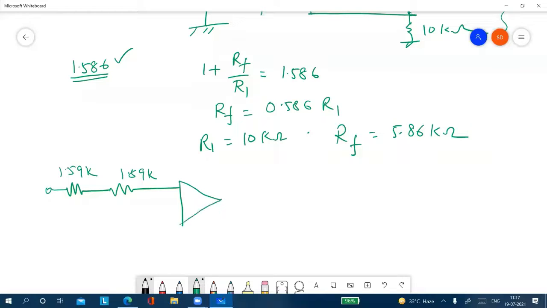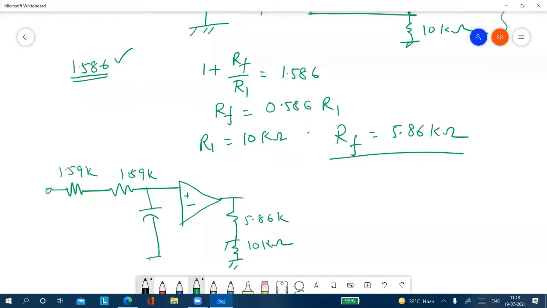Since this is a Butterworth filter, RF is 5.86 kilo ohm, this is 10 kilo ohm, and these are 0.1 microfarad and 0.1 microfarad. Okay. So this is also a second order low pass filter of cutoff frequency 1 kilohertz, but this is a Butterworth filter because its pass band gain is 1.586.